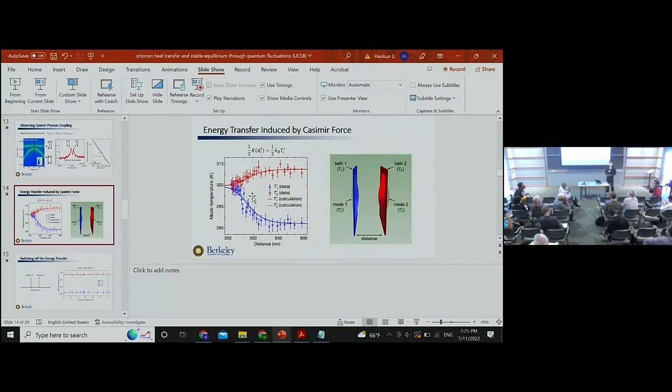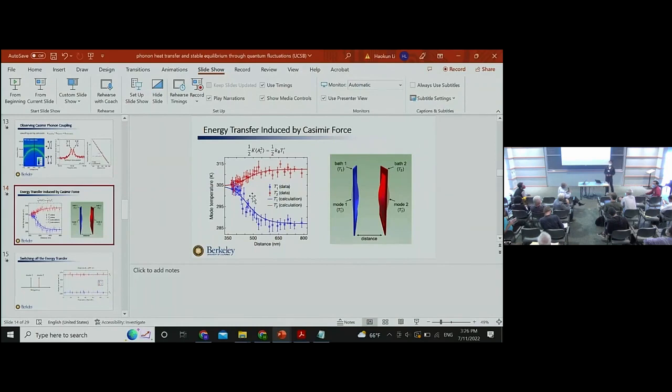If you have neutral, there may be different types of phonons. If it's deformation potential phonons, they're neutral. They don't carry any charge. But the dipole interacts, right? Even if you have dipoles, if one side dipole vibrates, it will affect the other side through just the same Casimir interaction mechanism.